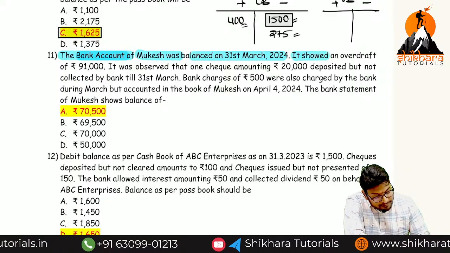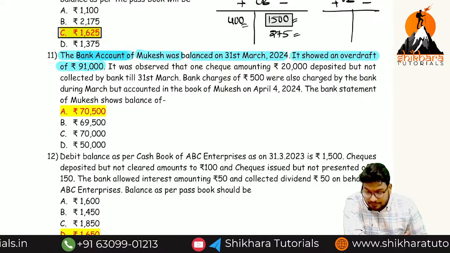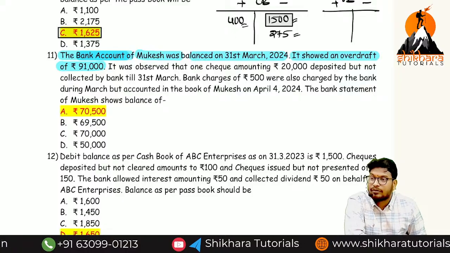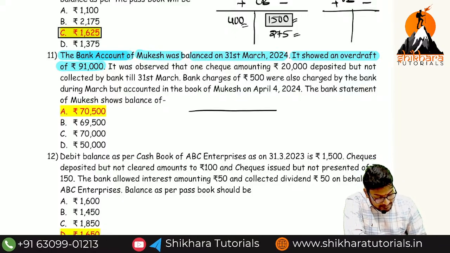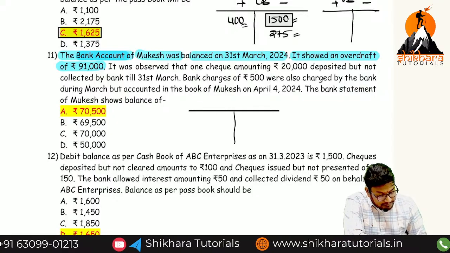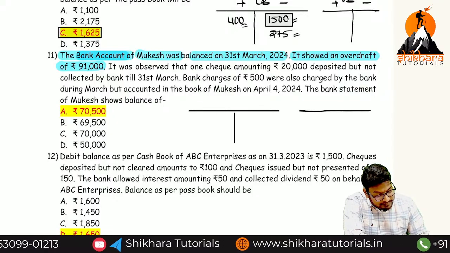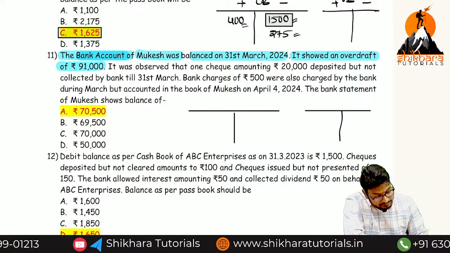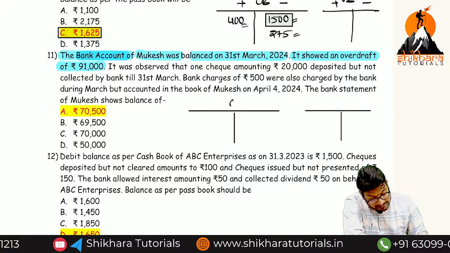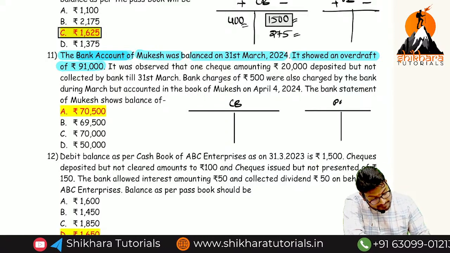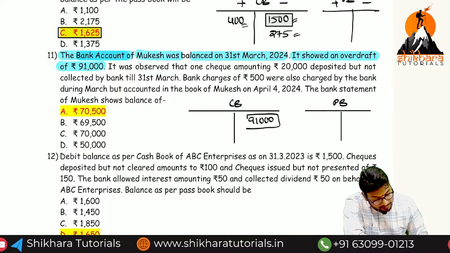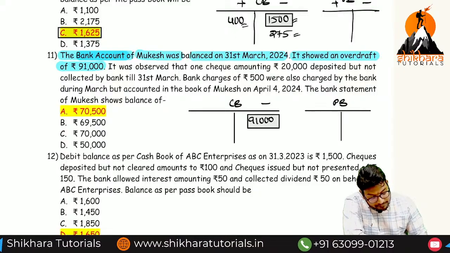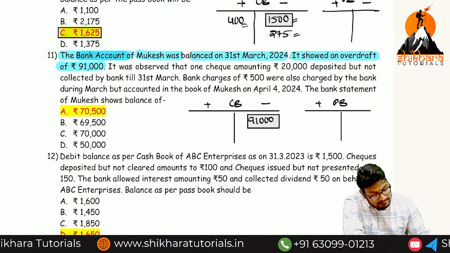So it is showing an overdraft of rupees 91,000. Overdraft means favorable or unfavorable? Unfavorable. So is it a debit balance or credit balance? Credit balance. Now what do we need to do? Cash book and passbook, the balance is 91,000. Above the credit side, what do we put? Minus, plus, plus and minus.